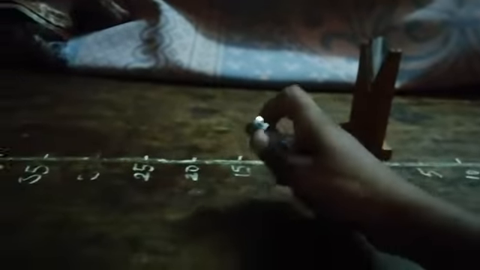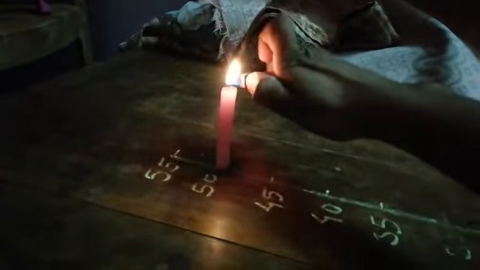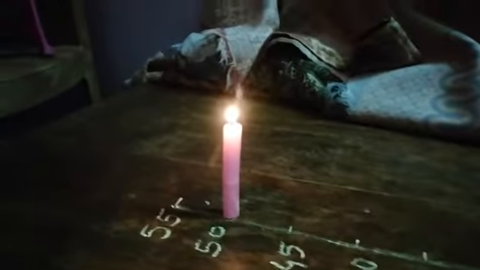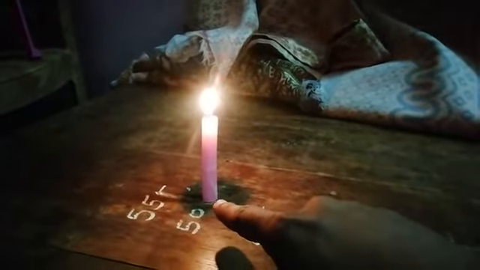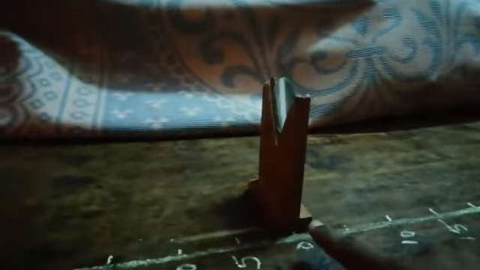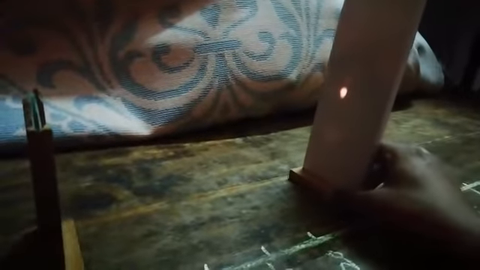So now we have taken a candle, and candle is adjusted at 50 centimeters. So this candle is taken as object. Now we placed this lens at 0, and now according to the position we move it forward and backward to observe formation of image clearly.